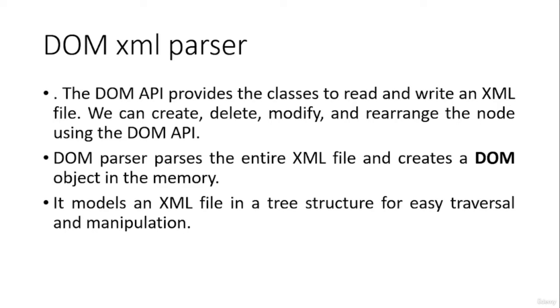Now let us discuss one more thing which I forgot to tell in the last lecture. For both SAX and DOM to work in your Java file, you need to have a module dependency, which is java.xml. You can add that module dependency by going to your module-info file, which is in the root folder of your project.